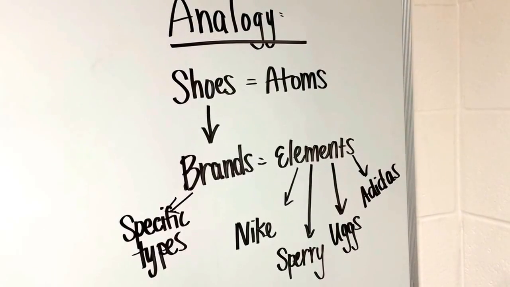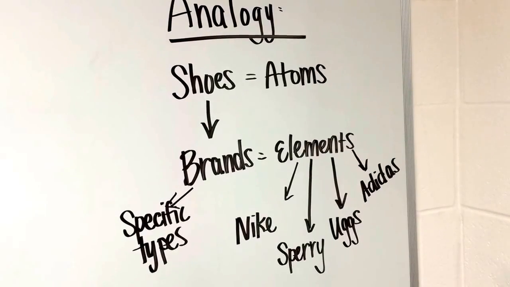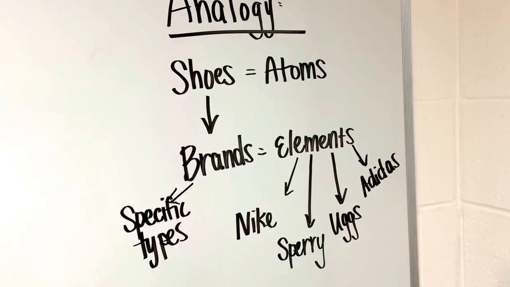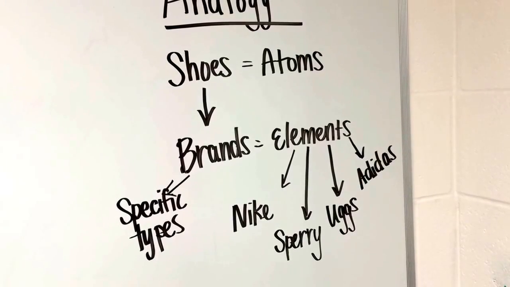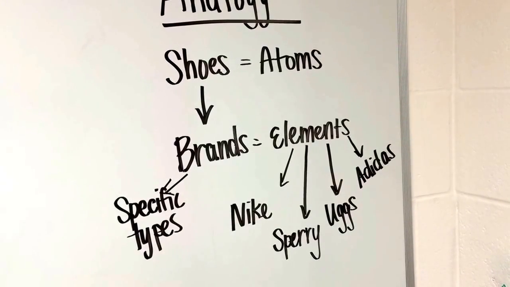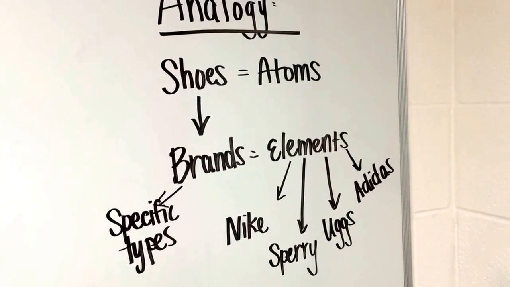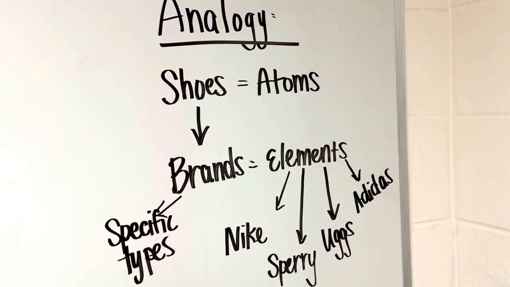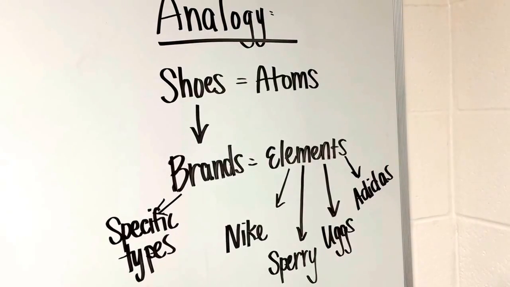But if we look at specific brands of shoes or specific types, then we can say that those are elements. For example, our elements could be a shoe like Nike, Sperry's, Uggs, and Adidas. So in a sense, elements are kind of the specific or the brand names of the atom.